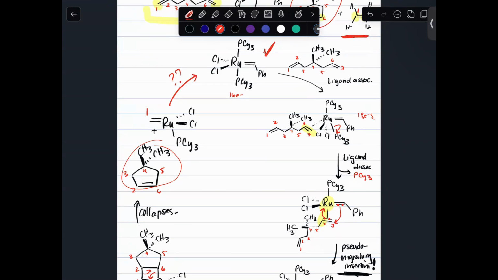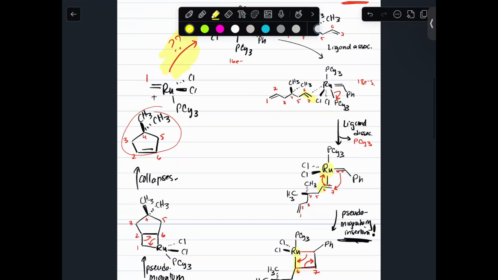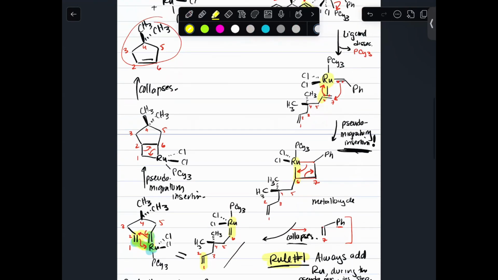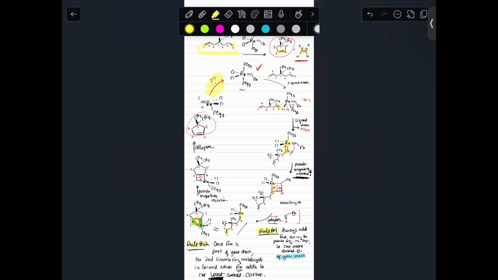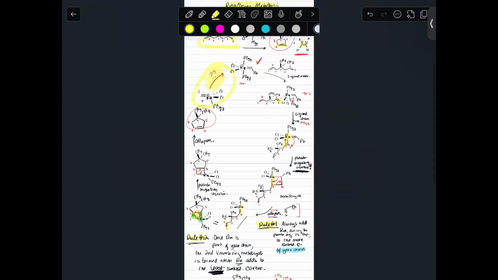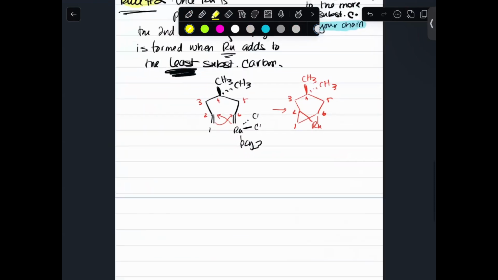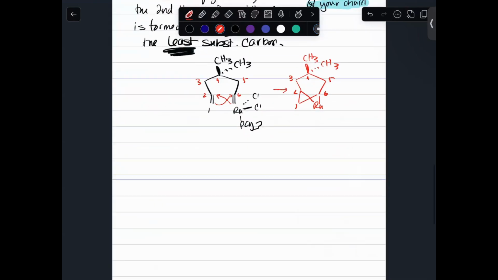And so that's what we're going to work on. This step right here. So I'm going to draw that. If you notice, it's a pretty lengthy catalytic cycle. I'm going to work this down here. And let me redraw it for you.